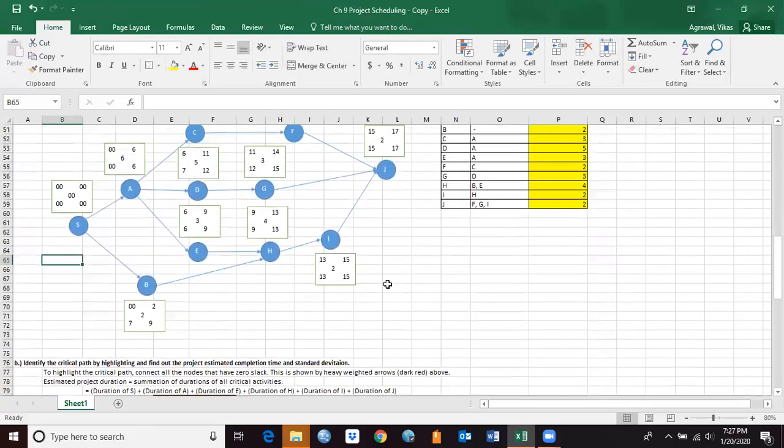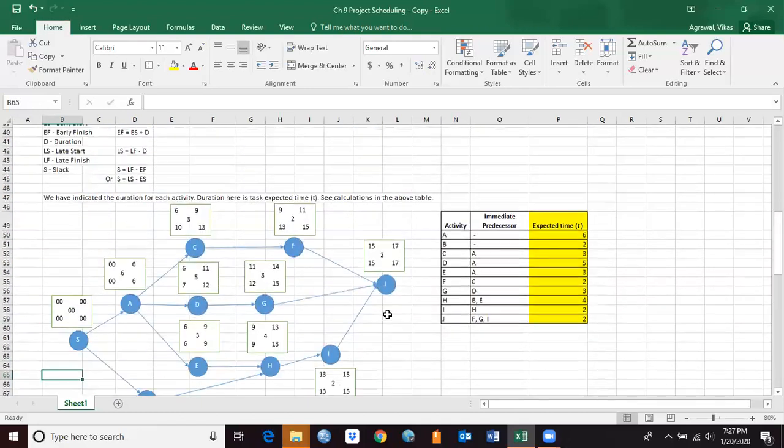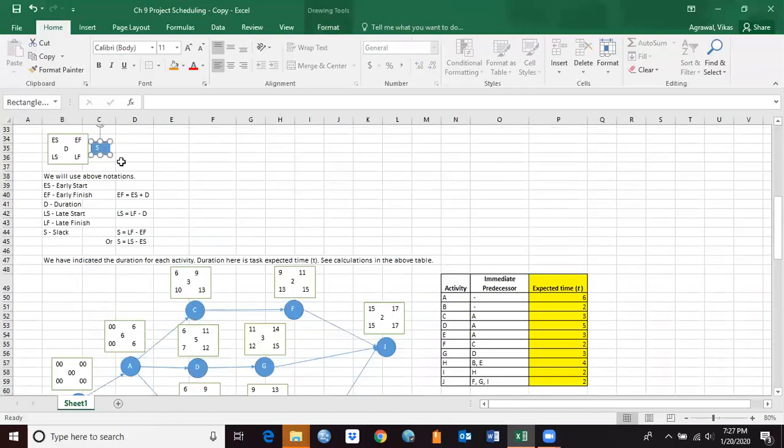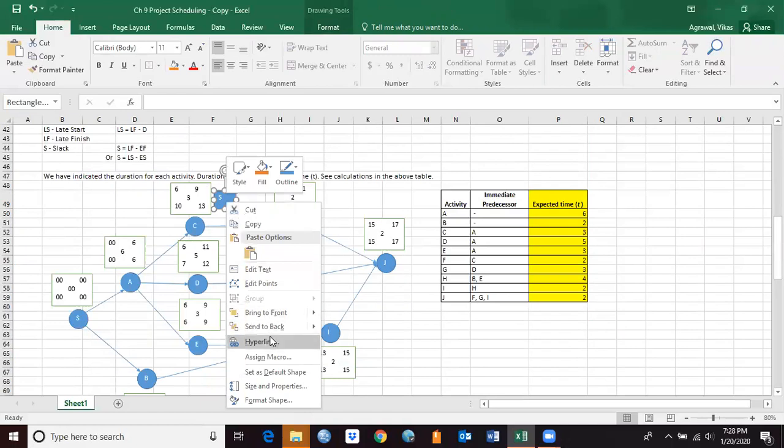Okay, what we need to do here is we also need to find the slack. Okay, so let me check on that one. Simply what I can do here, I can draw a box here because that's a box here, right? So I can just copy this one and put it here. Okay, I'm gonna right click here.